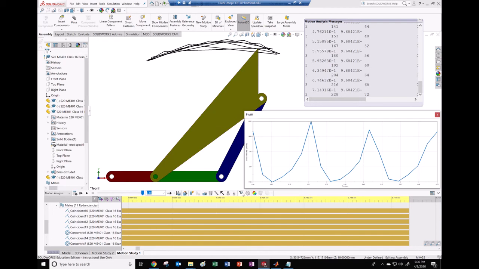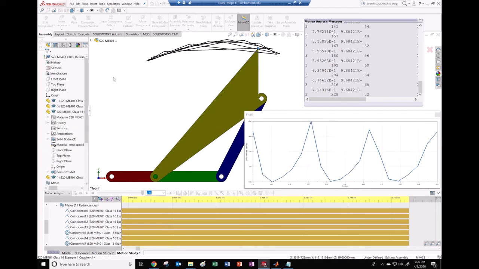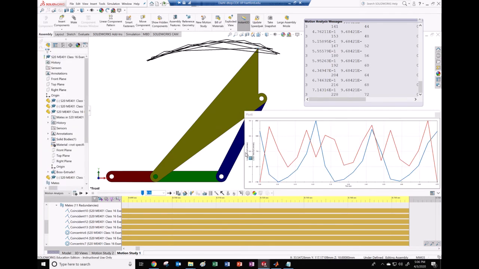Let's also take a look while we're here. I think this will work. I've had a little bit of a problem with it, but let's see. Linear velocity in the Y direction. It doesn't want to do it. Come on. There you go. And we want to add this to the existing plot. I don't know why it does this.